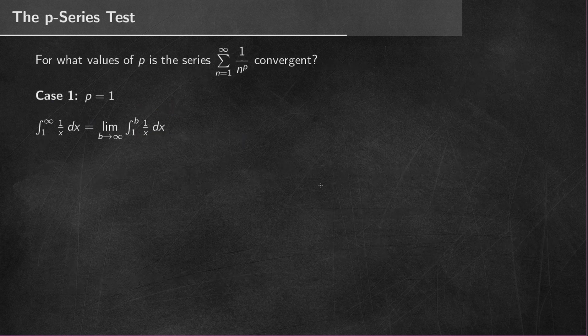And that brings us to our final test for today's lesson, the p-series test. We've looked at this before when we talked about improper integrals. For what values of p does the series sum from n equals 1 to infinity of 1 over n to the p converge? So case 1, let's consider if p is equal to 1.